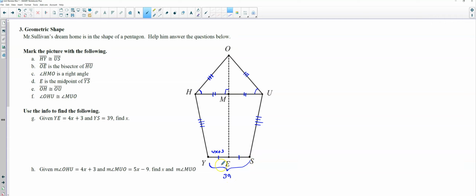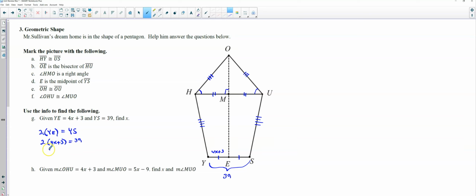So twice this is 39. So that means that twice YE is gonna equal YS. So that means twice 4x plus 3 must equal 39.